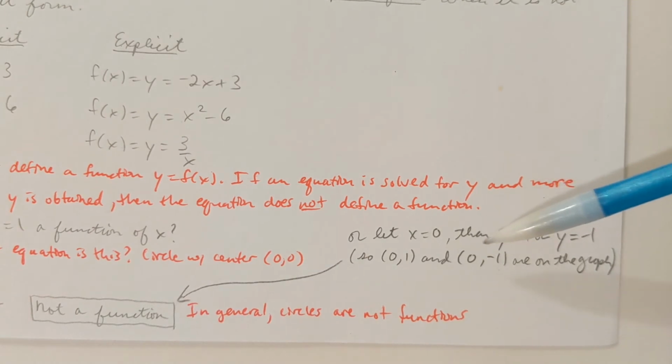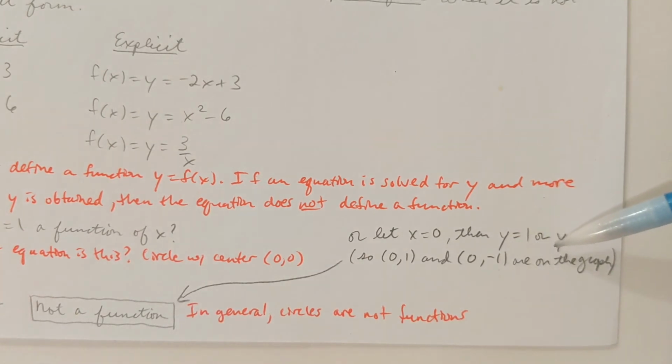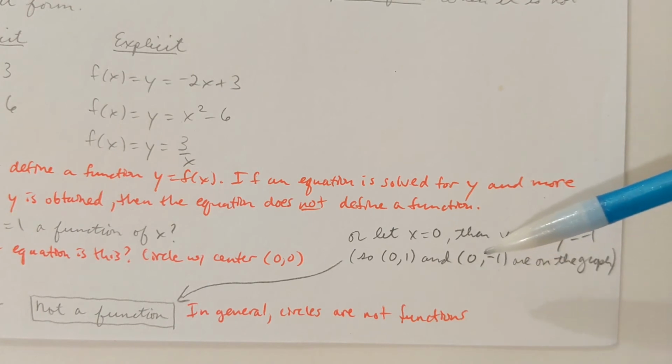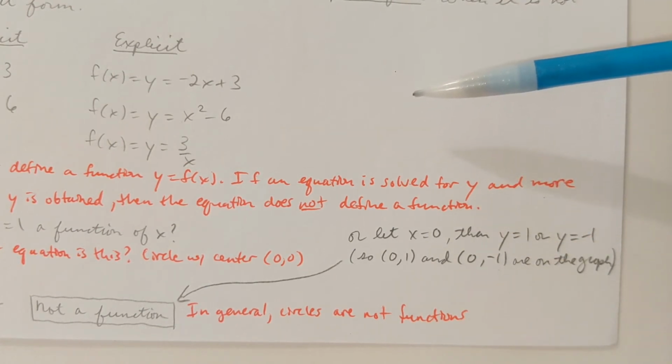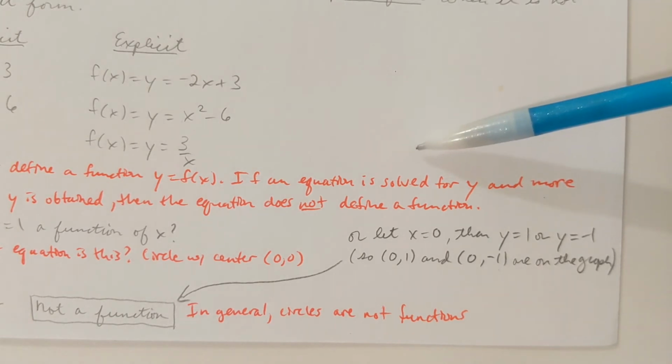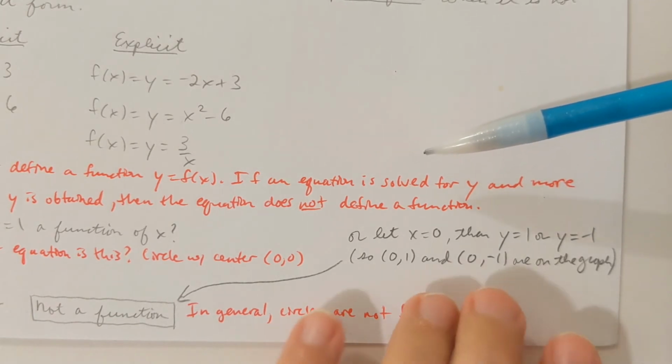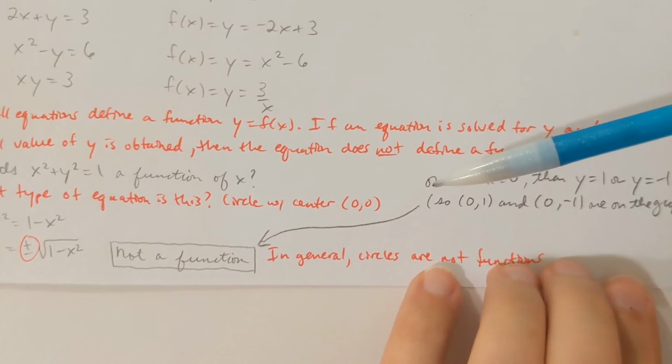So 0, 1 and 0, negative 1 are on the graph. Well, hold on. I thought for each x there's exactly one y, not two different y's. So that's where the problem is. We'd have x at 0, 1, and 0, negative 1. Not a function.